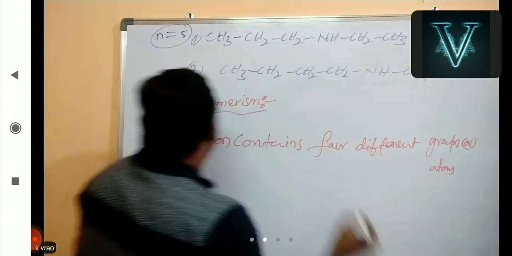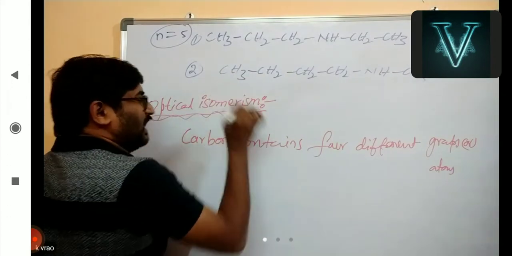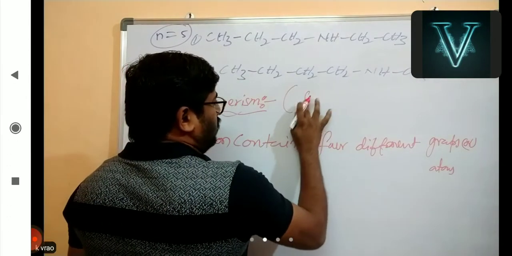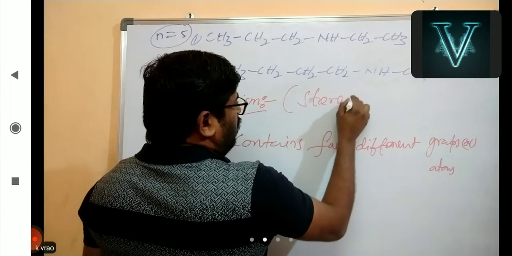Optical isomerism is a category of stereoisomerism.